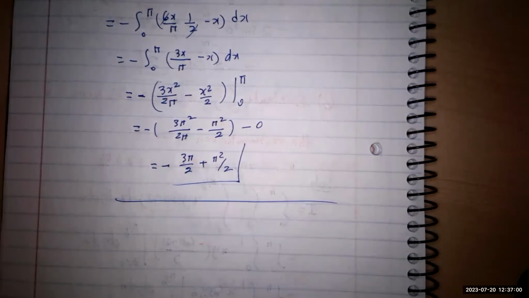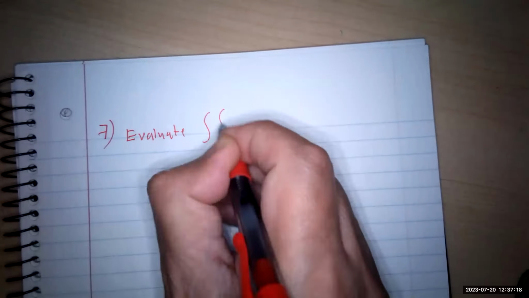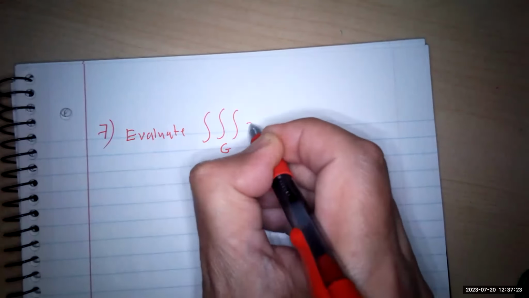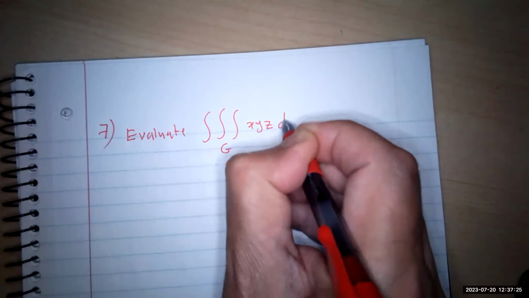Are you ready? So I'm going to go to the next page because I need more room to do this one. So number 7, we want to evaluate this integral, the triple integral over G of xyz dV.